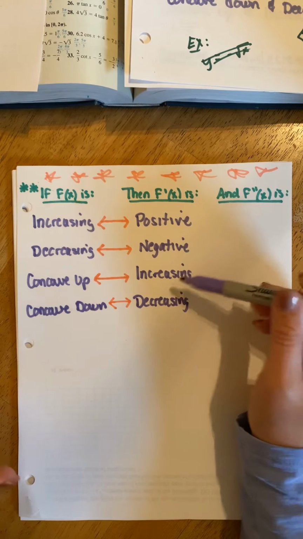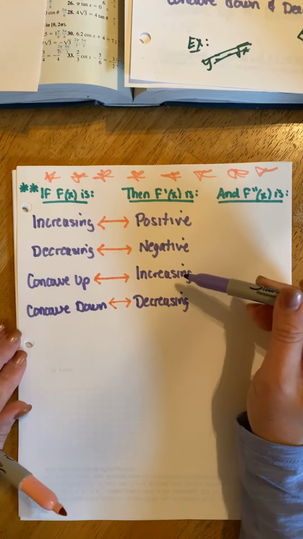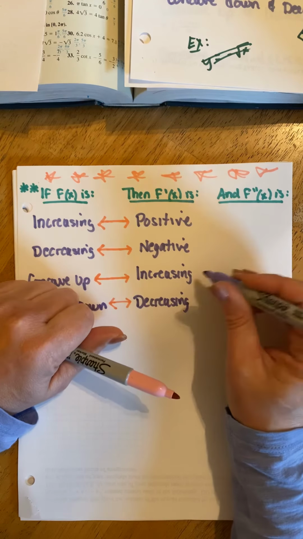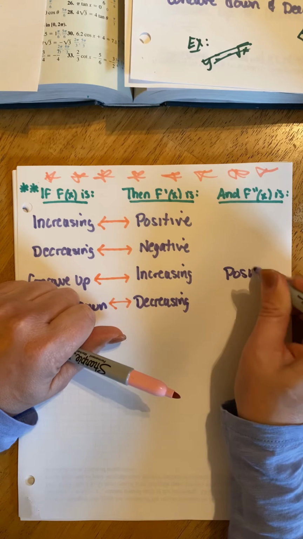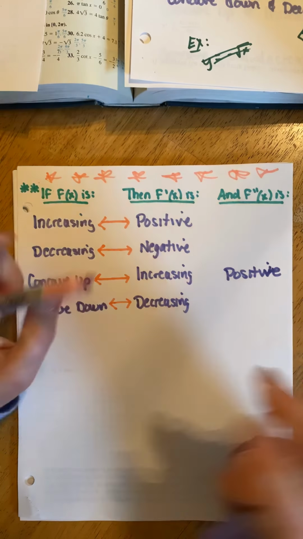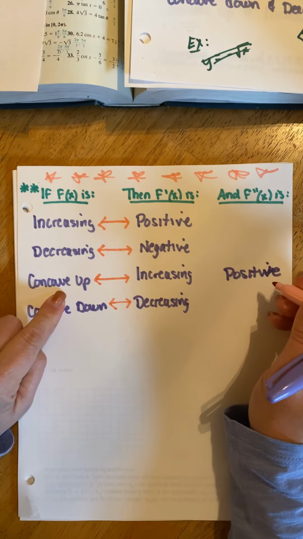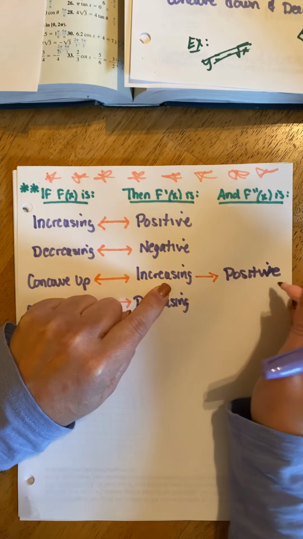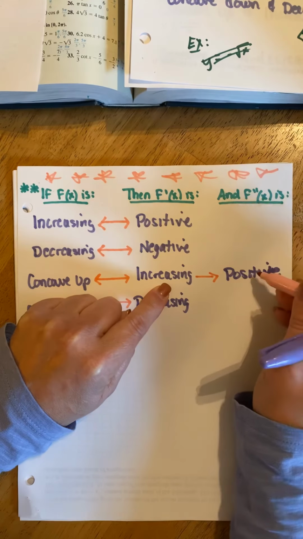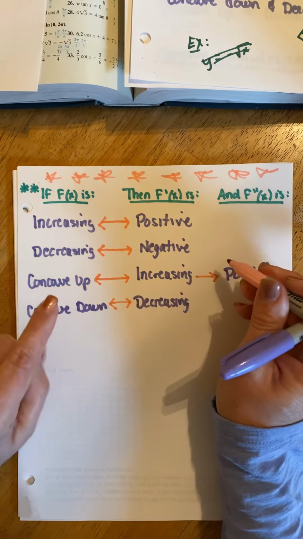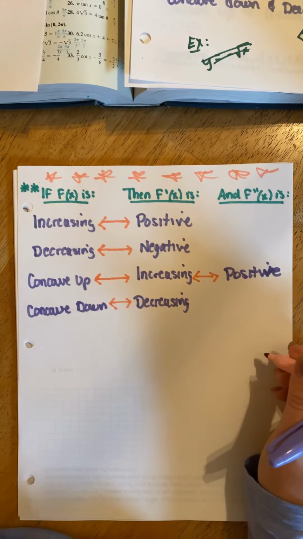But again, remember, the derivative itself is a function. So the derivative of the derivative, if the derivative is increasing, its derivative must be positive. So if a function is concave up, its derivatives are increasing, and the derivative of the derivative is positive. So in other words, if the second derivatives are positive, the derivatives are increasing, and the original function is concave up.